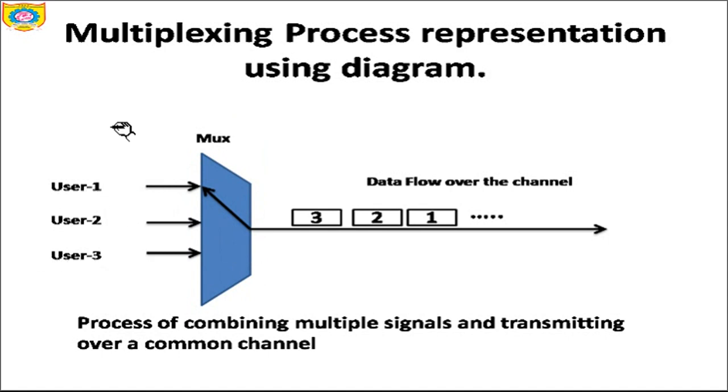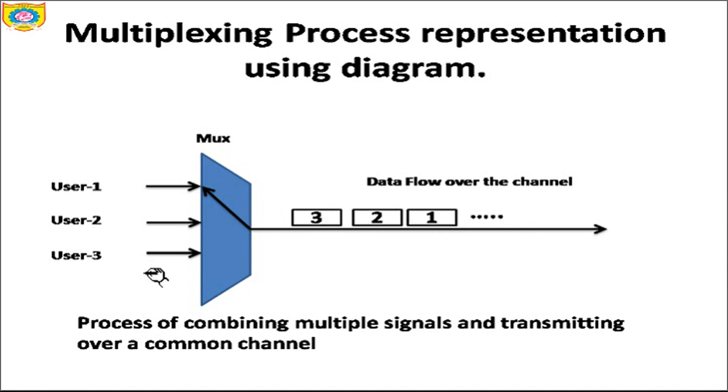These are the sources of information, meaning they are going to transmit the information, and there is one switch. This is a single communication link, or you may call it a channel, over which the data is going to flow. You can also see some blocks where 3, 2, 1 and so on are written.